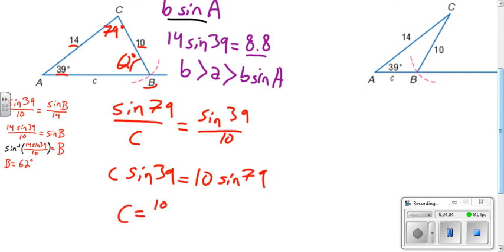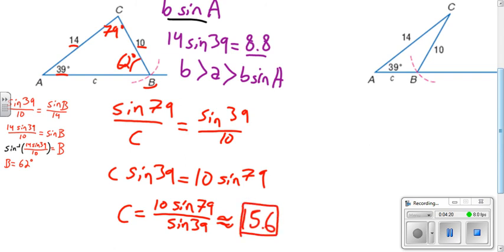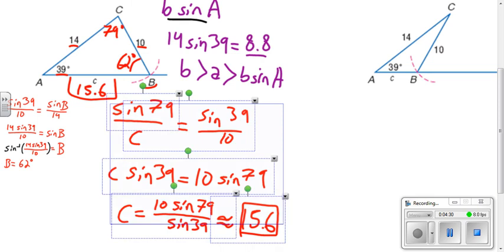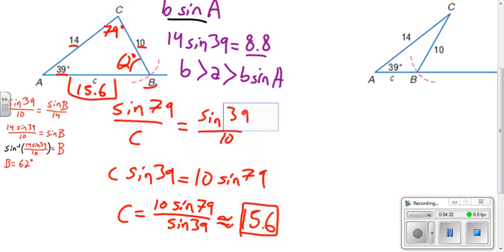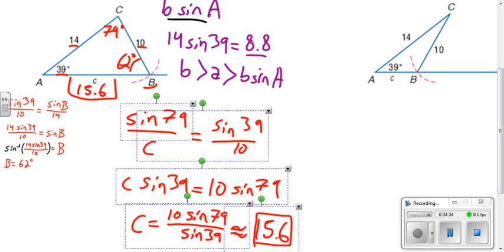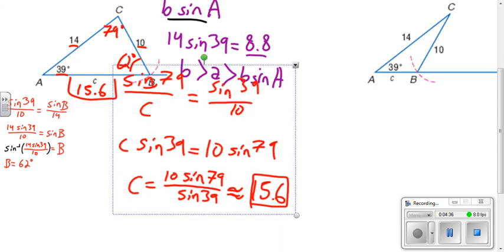C equals 10 sine 79 over sine of 39. In which case then we're left with C being approximately 15.6. So right here we'd have 15.6. So that would be one case. One way to solve it, like I said, that's assuming the case of angle B being acute.